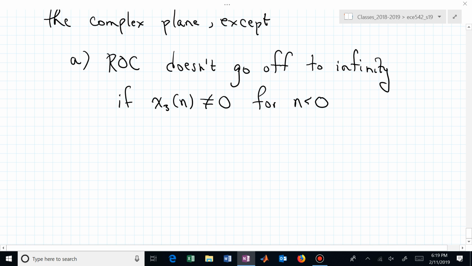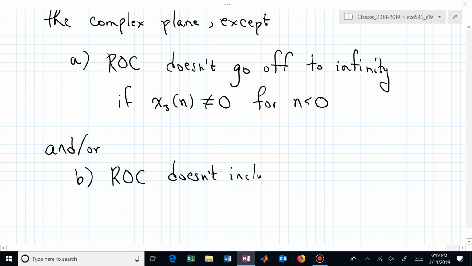We can have non-zero x sub 3's for negative n's if we don't include infinity in our region of convergence. What about the other extreme case? What if the region of convergence doesn't include z equals 0?